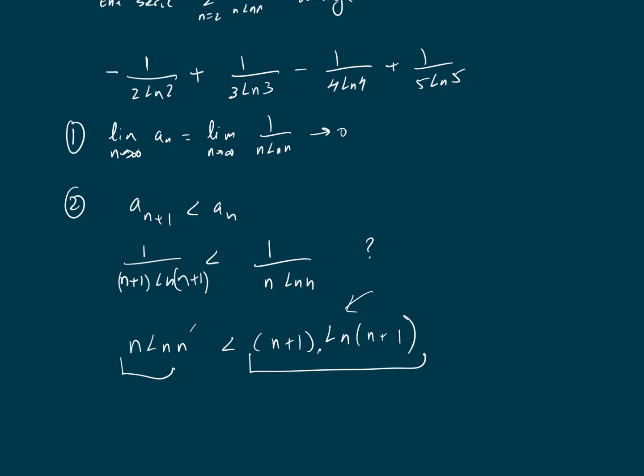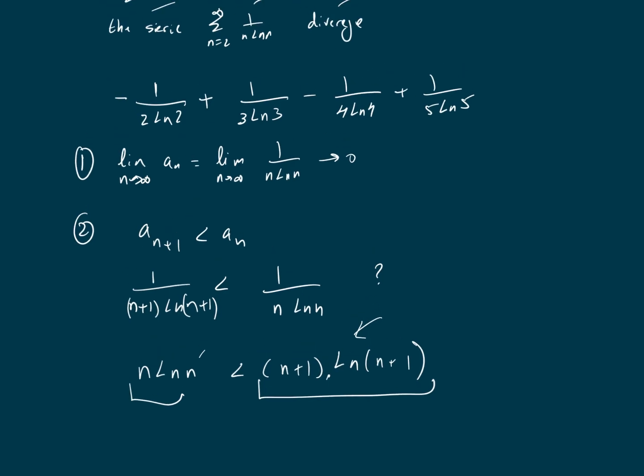For an alternating series to converge, the limit of a sub n goes to 0, and a sub n plus 1 is smaller than a sub n. So this alternating series converges.